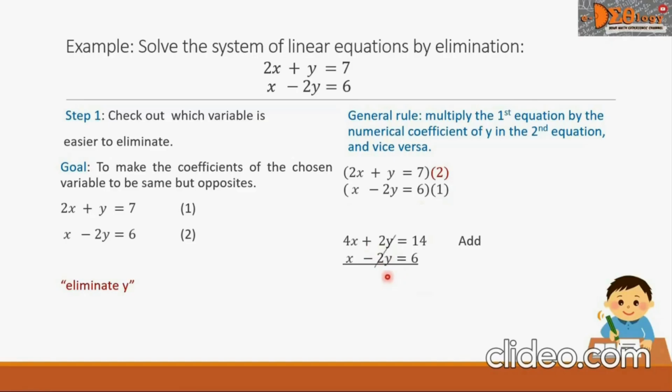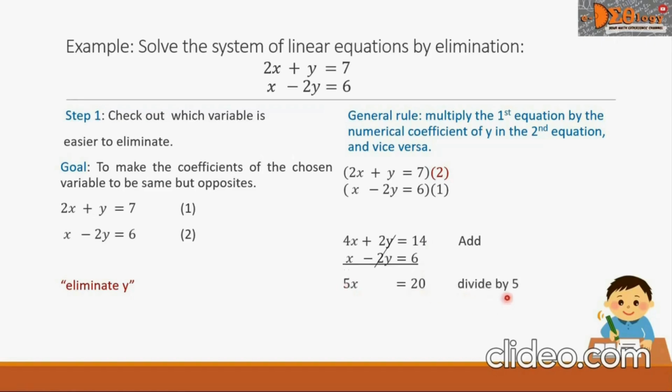And then let us add the x and the x. So we have 4x plus x will be 5x. And the right side is now equal to 14 plus 6 is 20. Now let us solve for x. Let us divide this equation by the coefficient of x, which is 5.